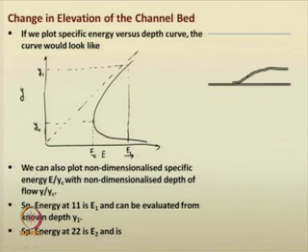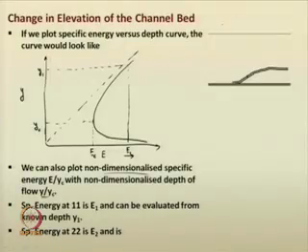Fine. We can also plot non-dimensionalized specific energy E by y c with non-dimensional depth y by y c. We have seen some non-dimensional curves of similar nature for various things. So, the specific energy at section 1 1 is E 1.